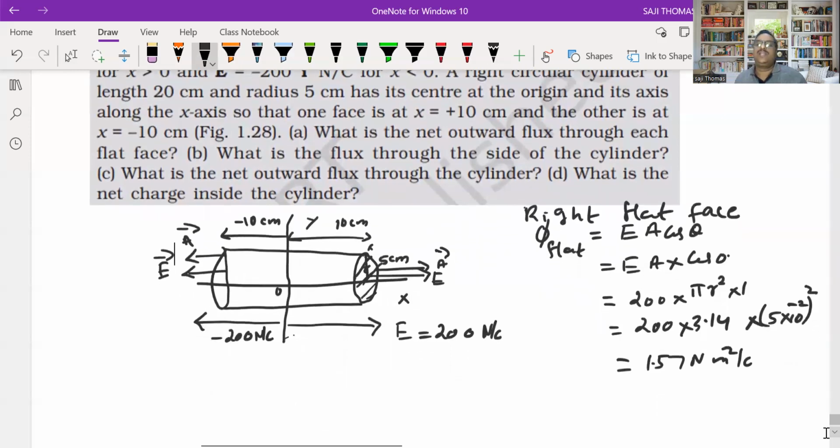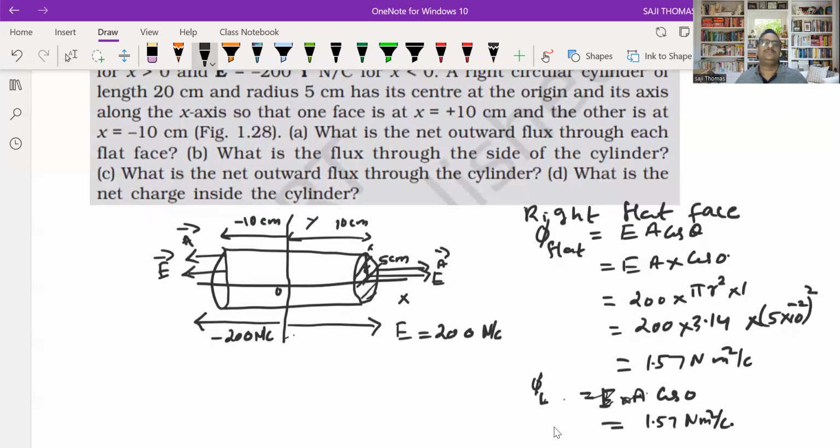So through the left flat face you get the same thing. Flux through the left face, phi L, will be the same, E into A into cos 0. The electric field is along the negative direction and the area is also in the negative direction, in the same direction. That is why the angle between them is 0. So you will get 1.57 Newton meter square per coulomb. That was question A.